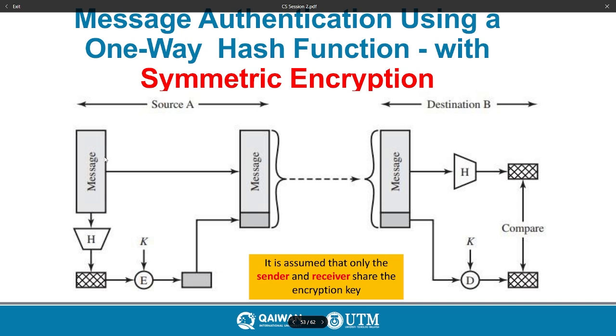We have a message. We feed it to the grinder of the hash function and get a fixed value. Now we encrypt it with a key, and send this value with the message itself. We will not encrypt the message; we just send it like that.